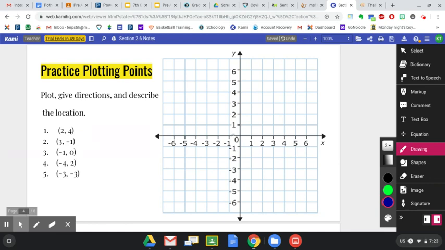If I start at the origin, 2 for x, 4 for y is right here. To describe that, it's right 2 and up 4, and I end up in quadrant 1. Point 2 would be 3 to the right and down 1, and that ends up in quadrant 4.